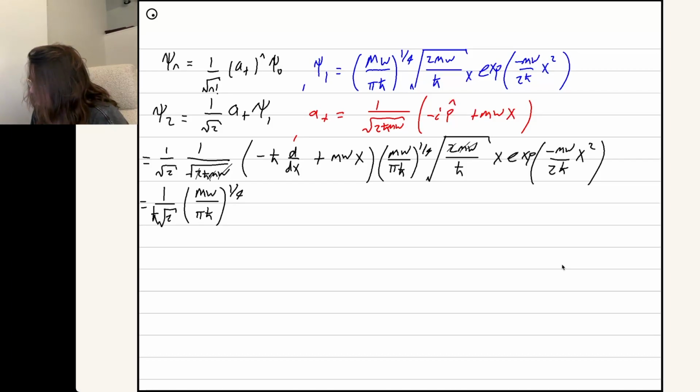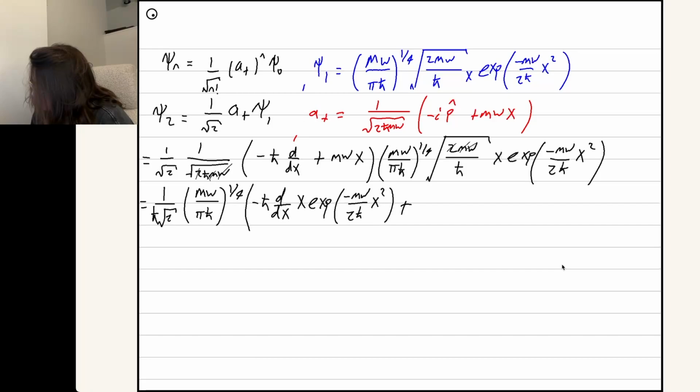And then we're just going to factor through the stuff actually. So we're going to have minus h bar d dx of x exp minus m omega over 2h bar x squared, and then plus m omega x squared times exp minus m omega over 2h bar x squared.